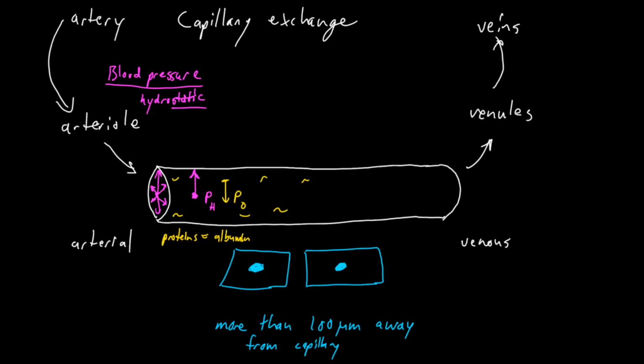So here we would have water that's coming out. And along with that water, it takes all its goodies too. So it has nutrients like glucose, for example, or the ions that are in blood. And it's delivering these substances to the tissue cells that are residing out here. So I drew them on the other side, but I'll draw one right here.